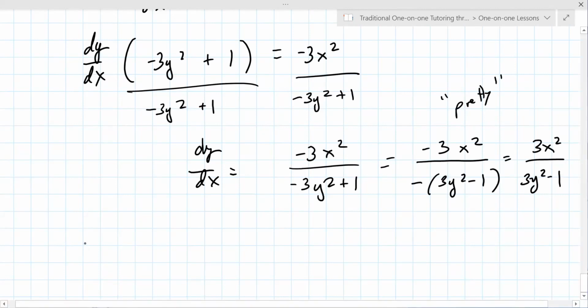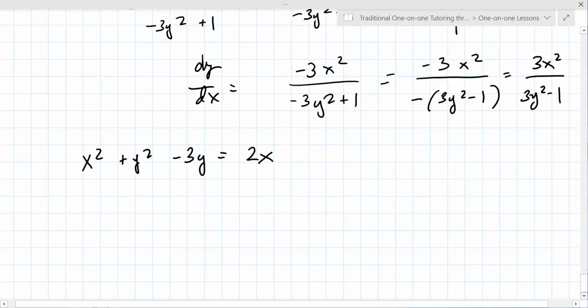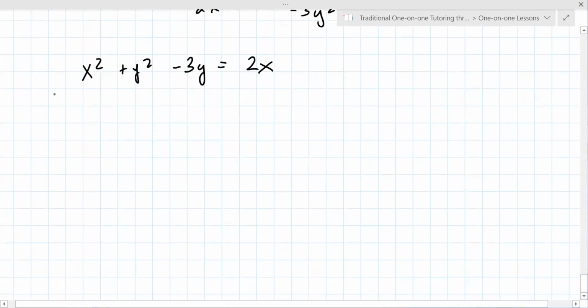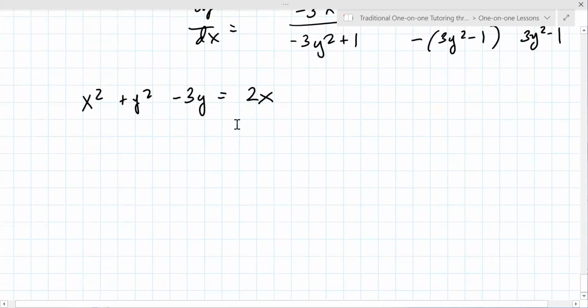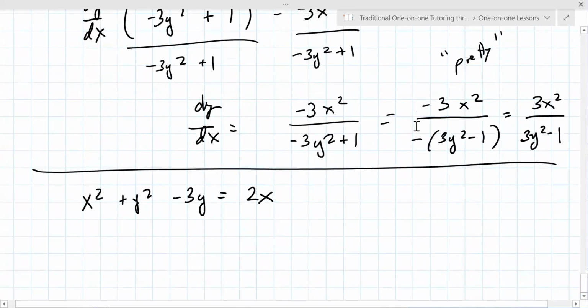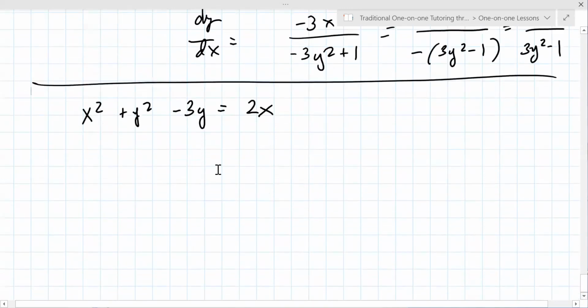All right, so let's look at a number. Let's say it's x squared plus y squared minus 3y equals 2x. I want you to try taking the derivative here, keeping in mind all the stuff we talked about in the previous problem. Again, you treat y like an x, and then you always pair it with a dy dx.